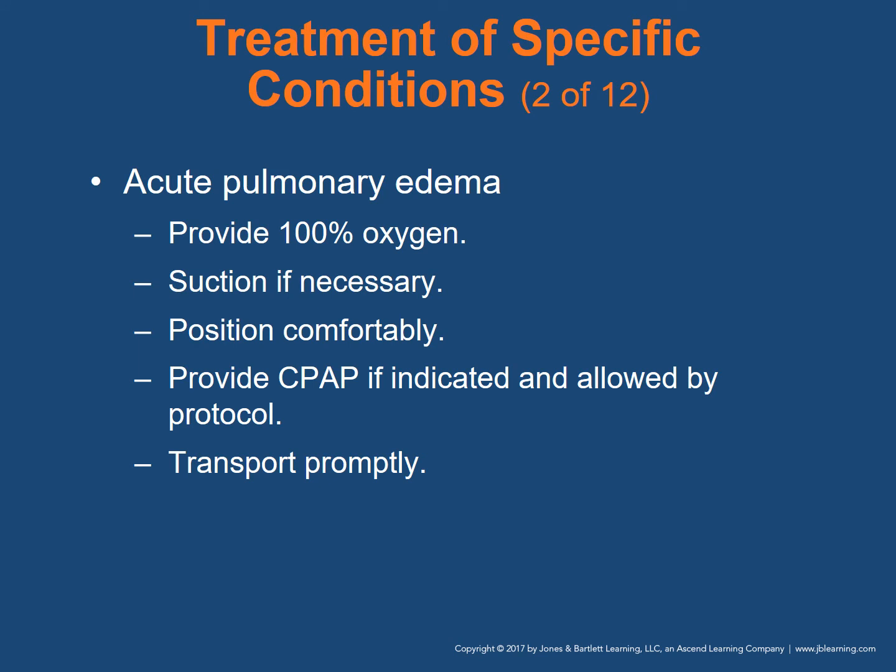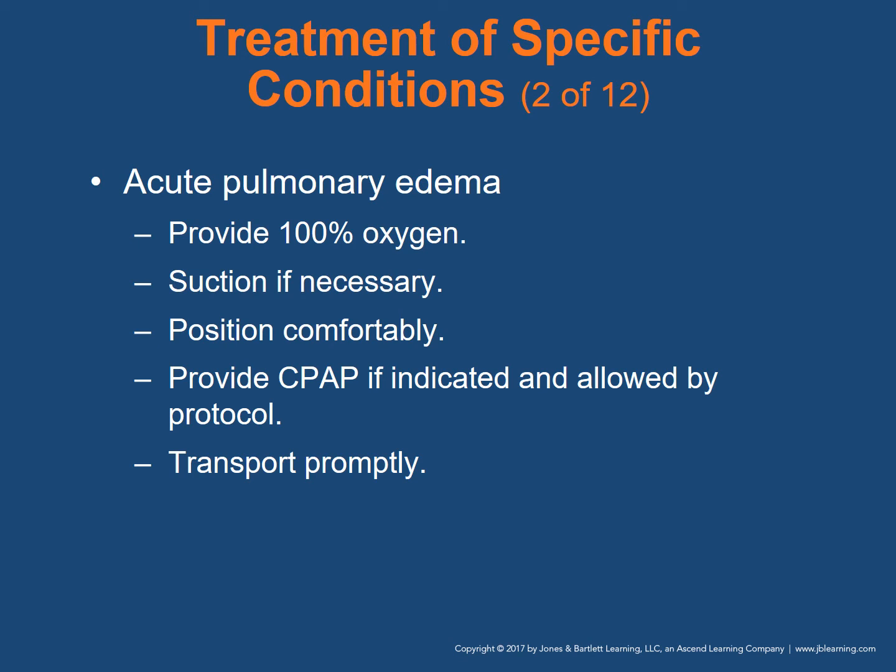If my patient has a sudden onset pulmonary edema, I'm going to consider CPAP as long as they meet the protocol indications and don't have any of the contraindications. If I can't do that, I'm going to suction, oxygen, and transport.